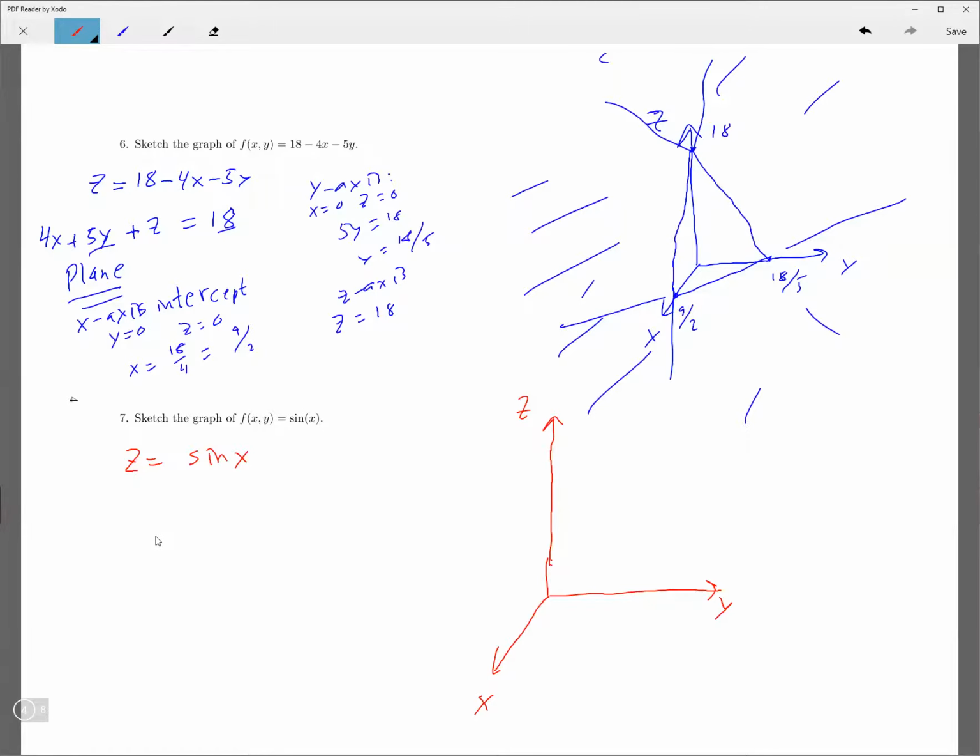If we were just to say, let's have x and z. This would be like the sine, but here's z instead of y. But if this were a y and that were a y, then what would the sine function look like?